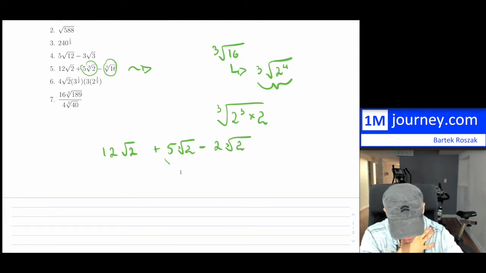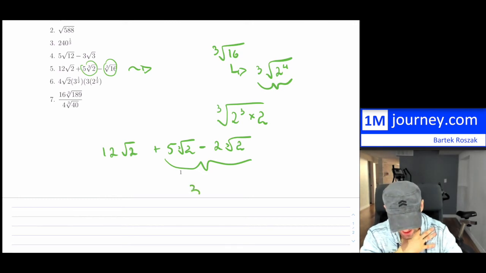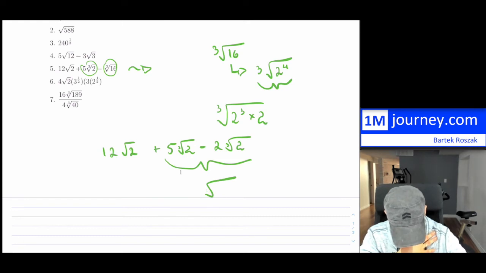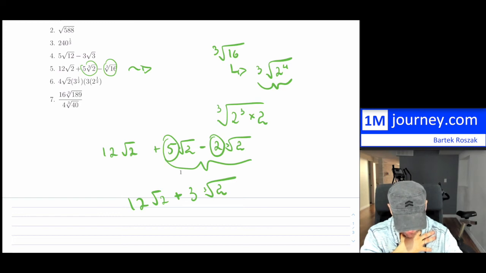So we can reduce these two. So 5 minus 2 is 3. The cubed root will remain, so this is going to be 3 cubed root of 2.